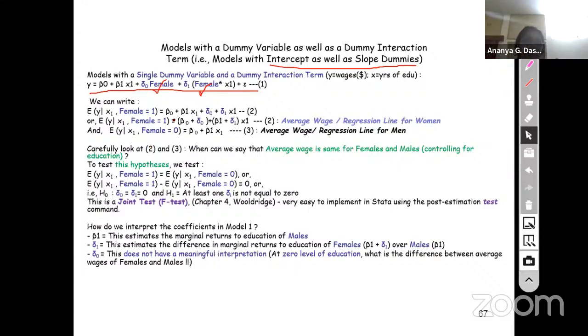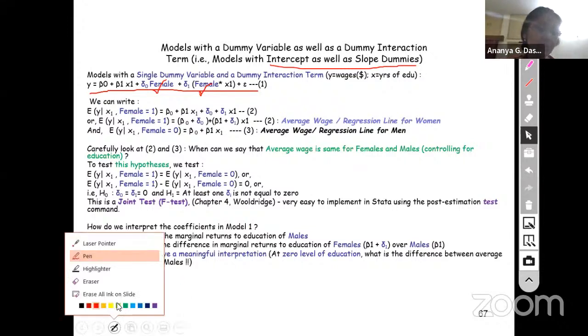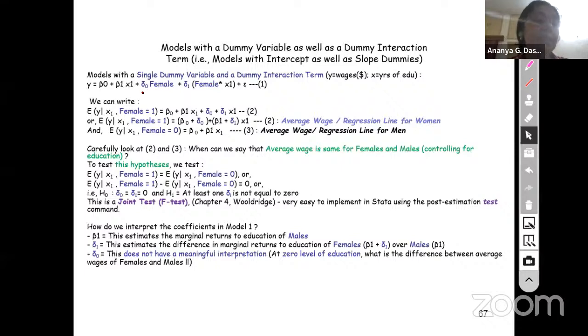So here, what I'm doing is I'm allowing the model to not just have a different intercept, so that the male and the female regression lines do not just have different intercepts, but they also have different slopes. And the way to accommodate that is to include the dummy and also multiply the dummy with your explanatory variable.